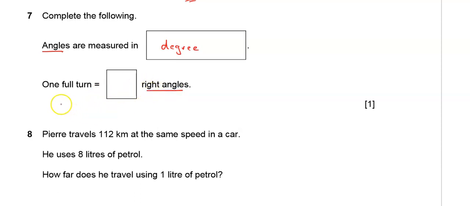1 full turn is equal to 360 degrees, and a right angle is 90 degrees. So we're going to take 360 divided by 90 to know how many right angles are in 360.